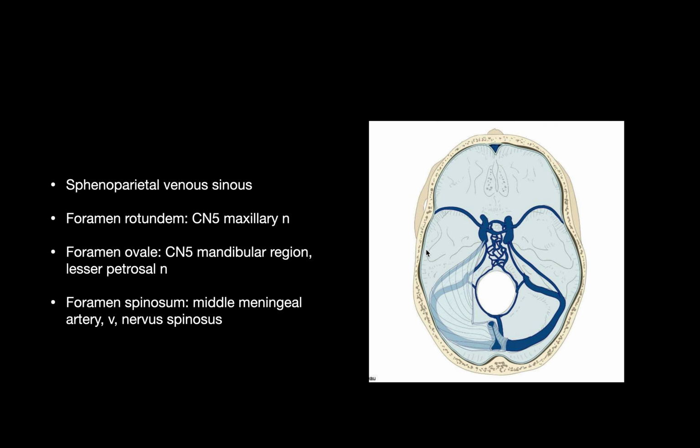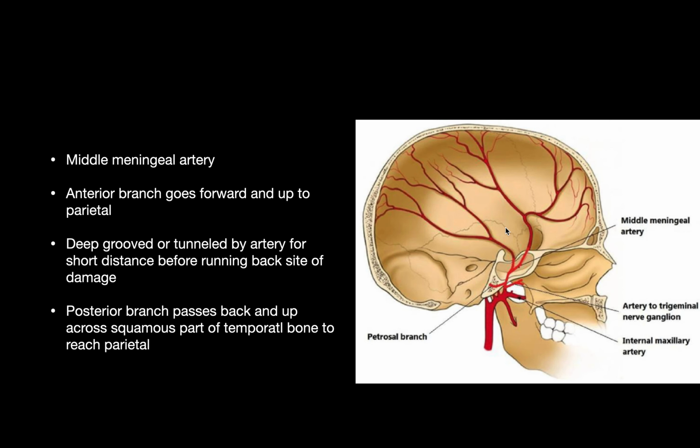So the middle meningeal artery is unfortunately prone to rupture, especially if you have a temporal injury. Remember when we went through the bones of the skull, and right here is the thinnest part of the skull. And the way the meningeal artery courses is that the anterior branch goes forward and it goes up.